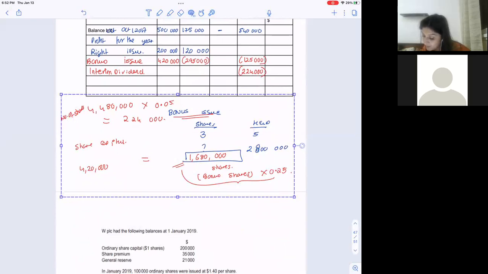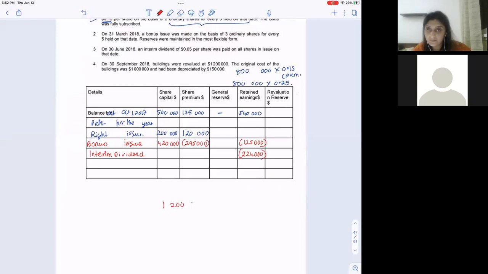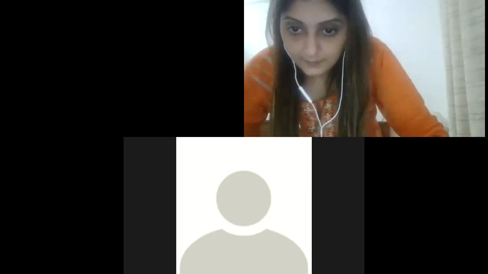So tell me the net book value of the building.